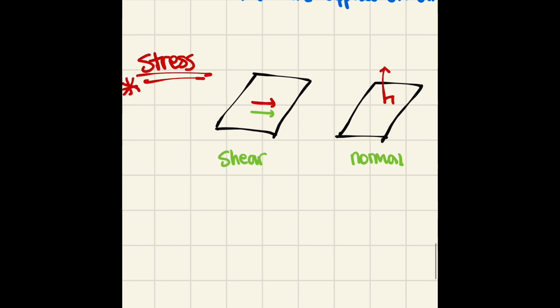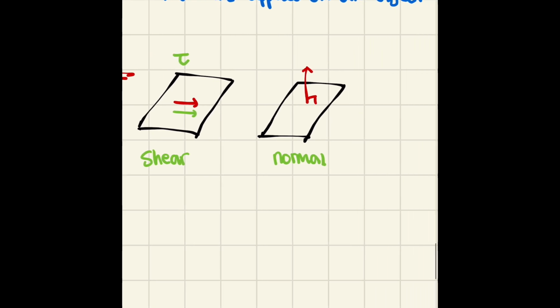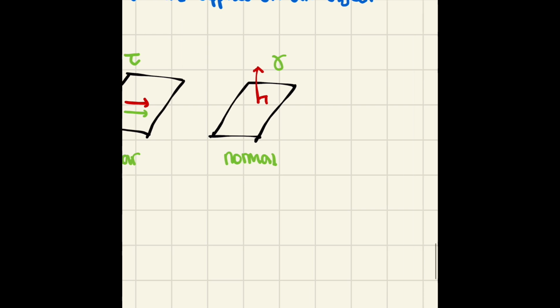The notation for the shear stress is tau, and the notation for the normal stress is sigma.